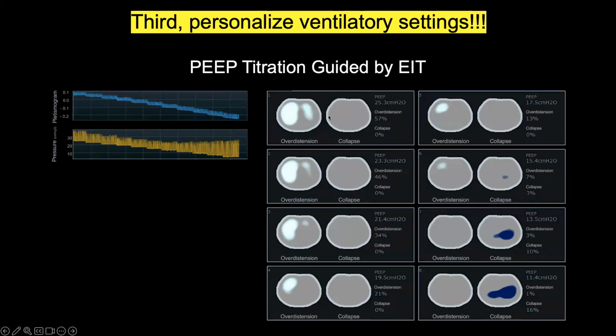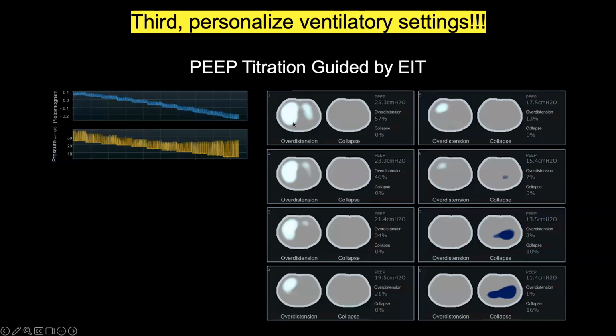EIT uses information of regional ventilation and driving pressure, so we can calculate regional compliance at different levels of PEEP, and we can also see the absolute levels of overdistension and collapse, and identify if the distribution of overdistension and collapse is homogeneous or heterogeneous.